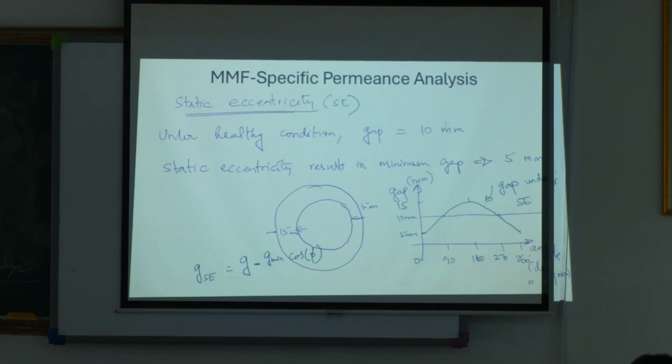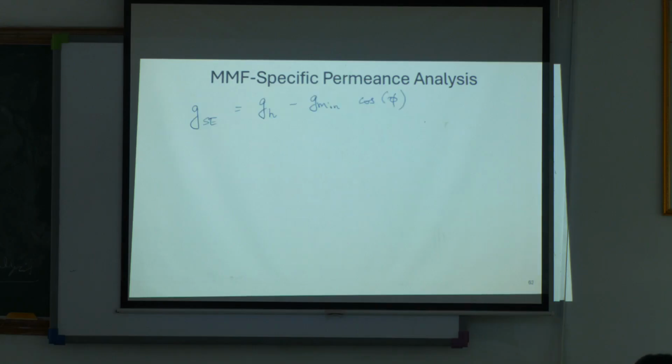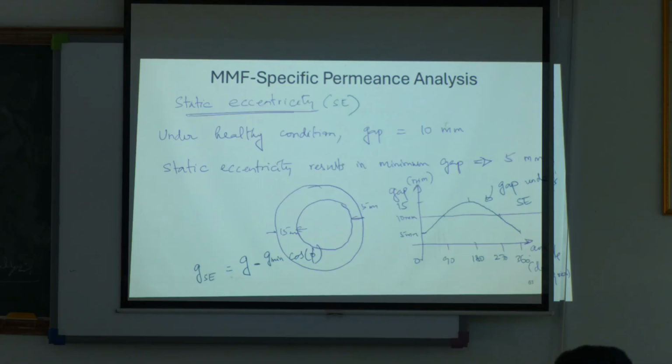You have 2 minutes. You know the gap under healthy condition is 10 mm and the minimum gap is 5 mm. Try substituting different angles and see if you get this function.